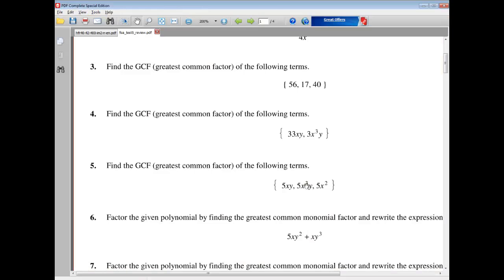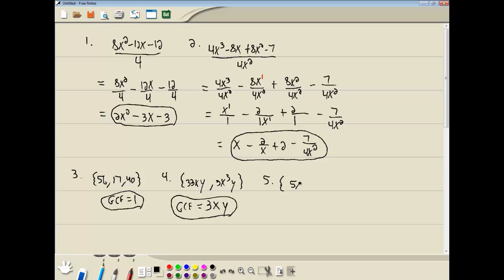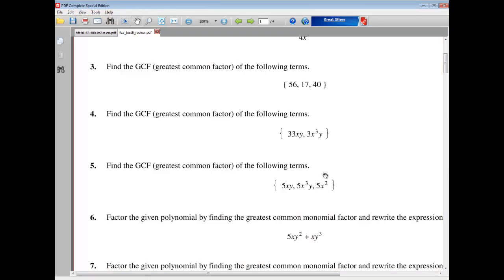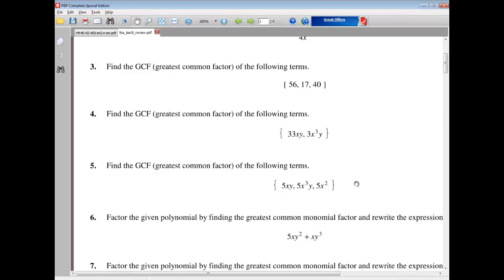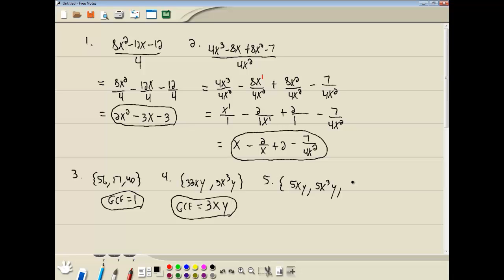Okay, our fifth one. We got 5xy, 5x to the third y, and 5x squared. Okay, so first look at the numbers. 5, 5, and 5.